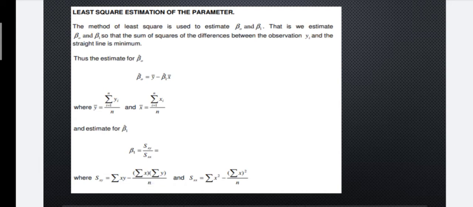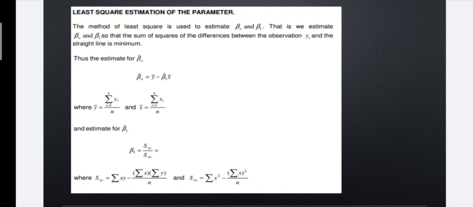So Sxx pula yang nak letak dekat bawah ni adalah summation of x square. You need to square the x value first, baru you total up. Bukannya you totalkan x, you square. Beza, salah. You kena squarekan x dulu, baru you total up. Okay. So this part barulah summation of x square. Totalkan x baru square, this part total squarekan x baru total. Okay. So first cari dulu beta 1.